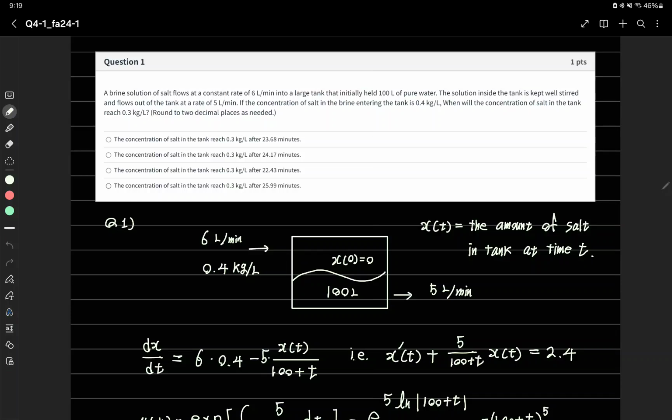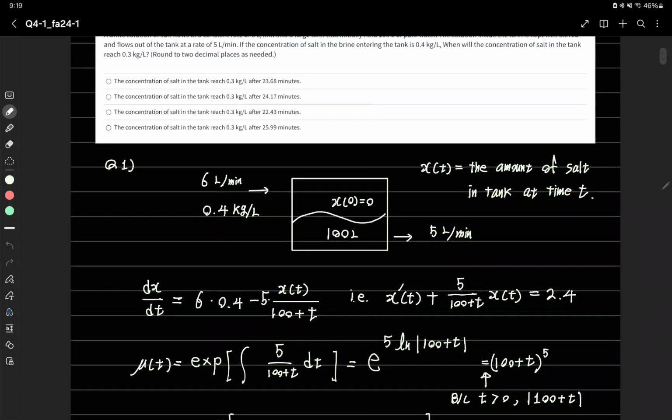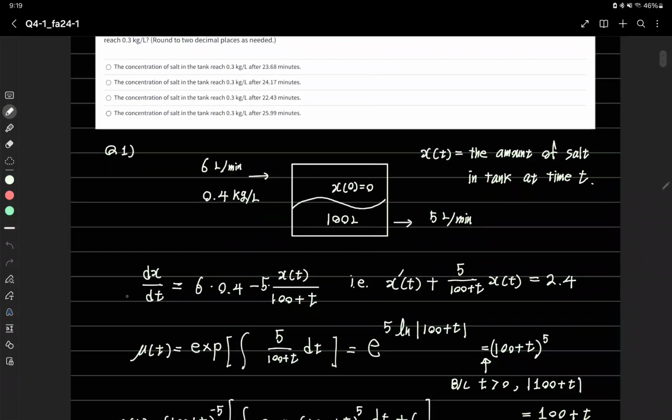So we set x as the amount of salt in the tank at time t, and then using the conservation principle, we can build the differential equation dx/dt equals 6 times 0.4 minus 5 times x over 100 plus t.